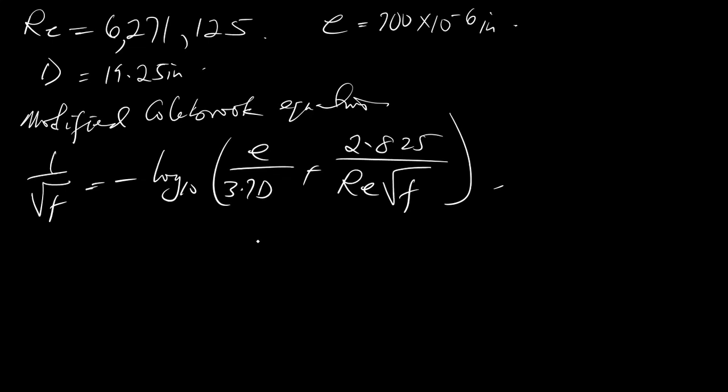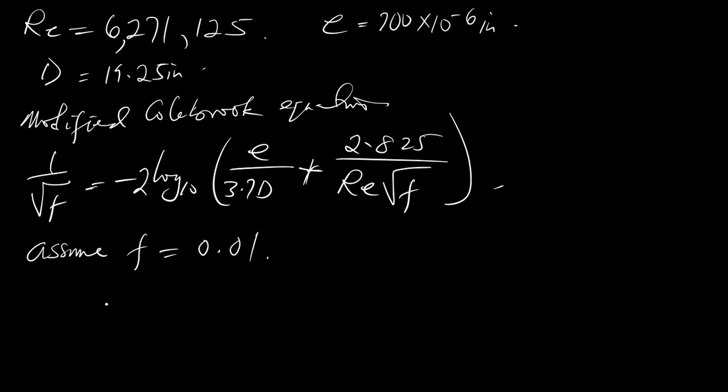This is the modified Colebrook-White equation. For us to solve for the friction factor, let's assume the friction factor is equal to 0.01.